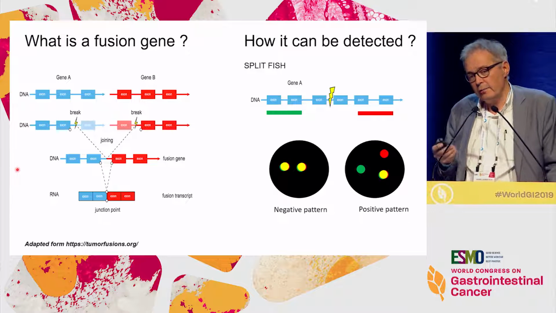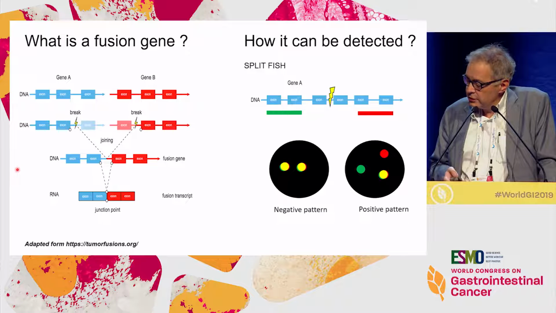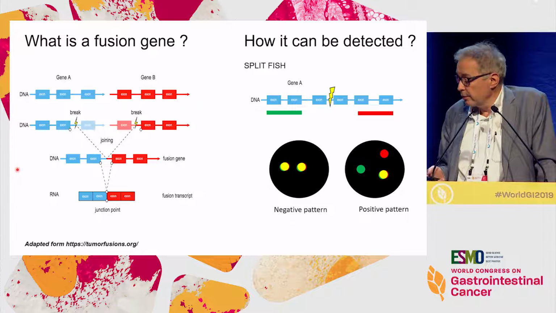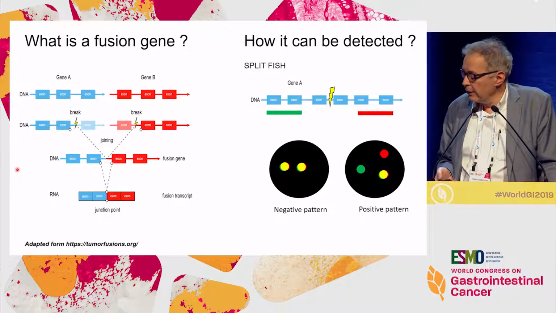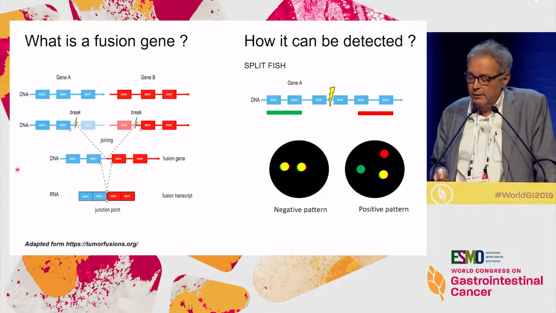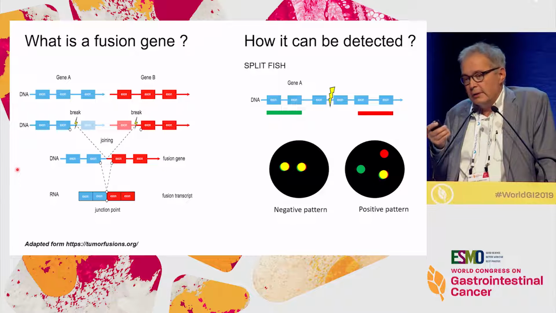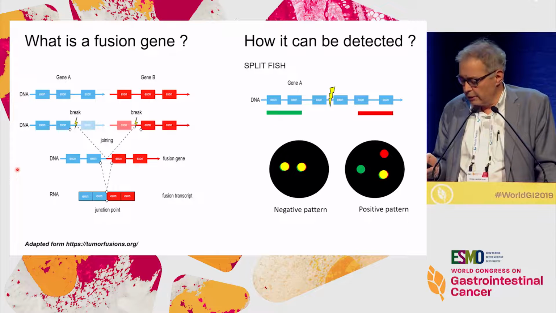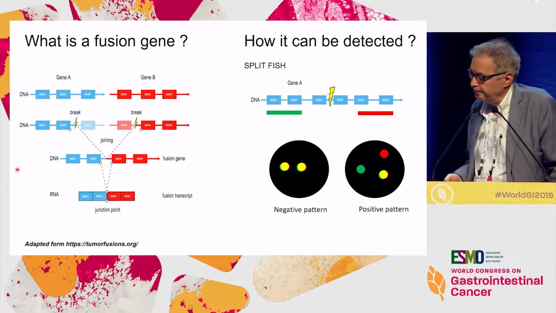But if you have a break inside the gene, you will separate the two probes and obtain a green and a red dot. This is just a surrogate marker of the fact that you have a break in your gene, and it's a surrogate marker of a fusion gene.